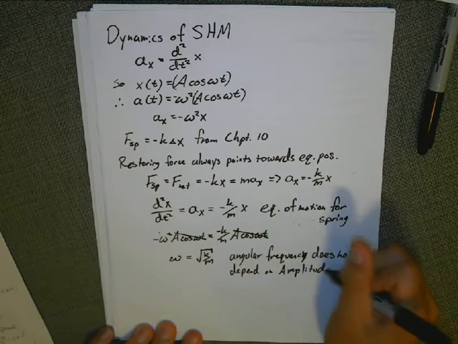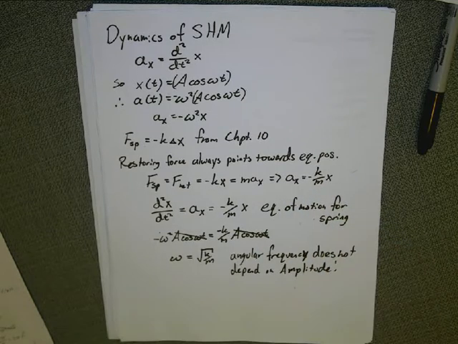That is pretty significant. It's probably counterintuitive because you would think that the farther you pull a spring back, or the farther you pull your pendulum back, the longer the period would be, when in fact that's not the case. Because the farther you pull a spring, the larger the force is, which means the faster it's going to move when it passes through the equilibrium point.